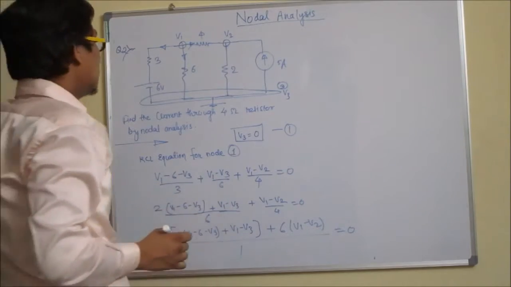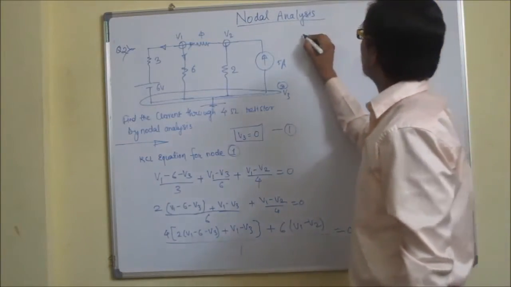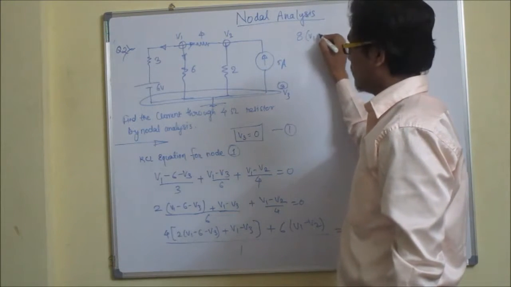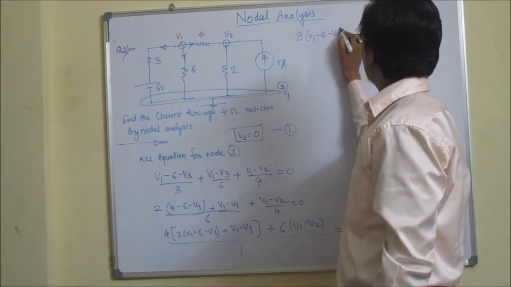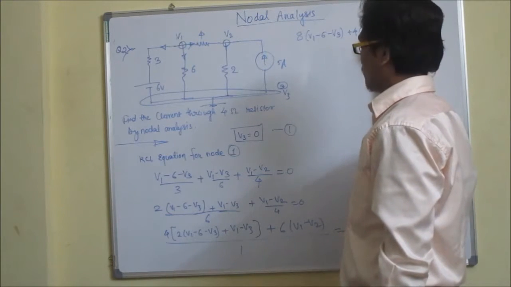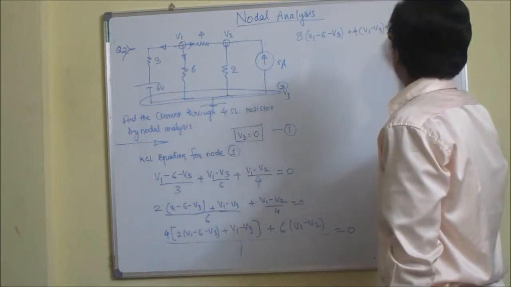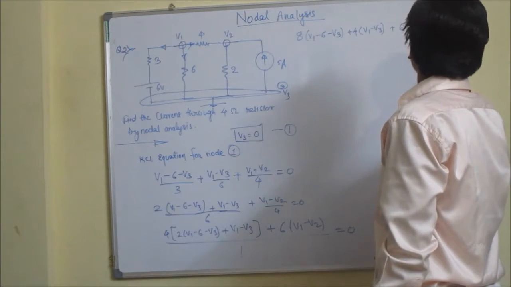We will simplify this term. Here the 8 will go inside: 8 (V1 minus 6 minus V3) plus 4 (V1 minus V3) plus 6 (V1 minus V2) is equal to 0.